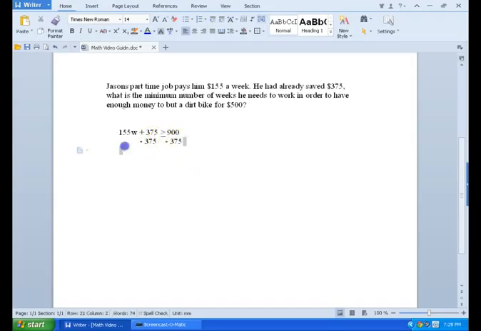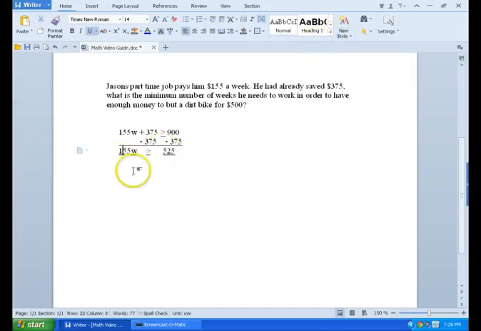This cancels out, so we bring down 155W, and on the other side, 900 minus 375 is 525. Then we have to divide.